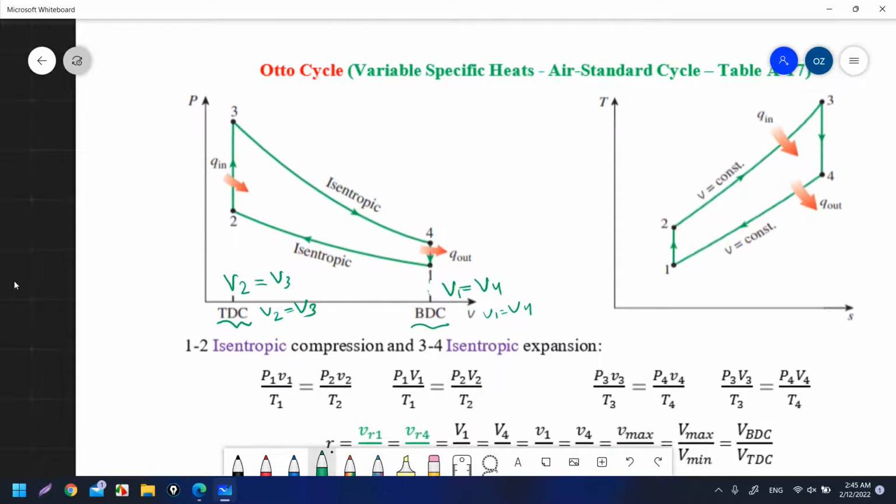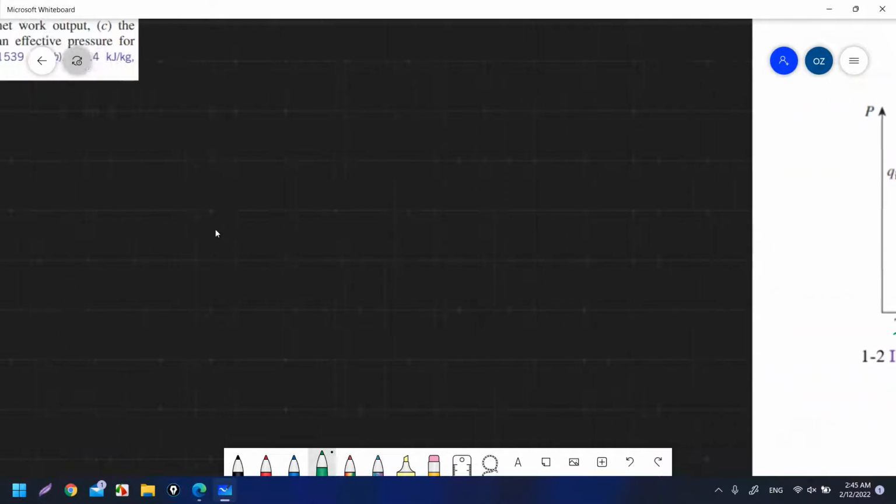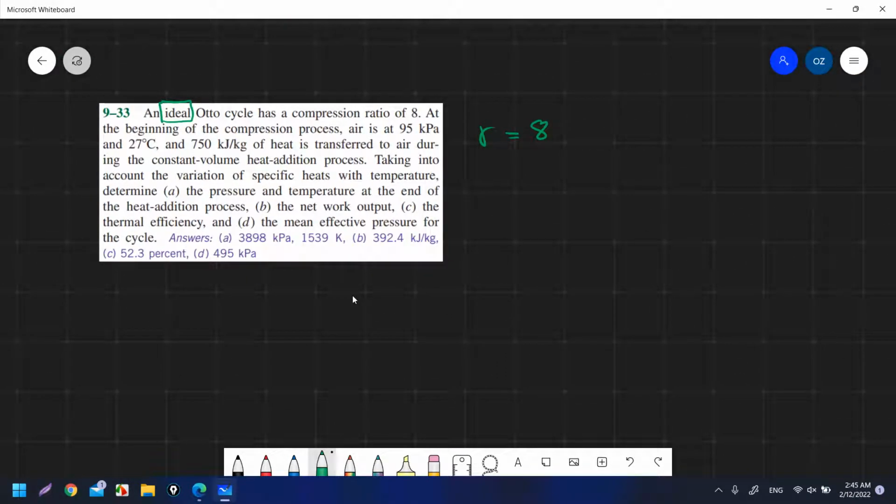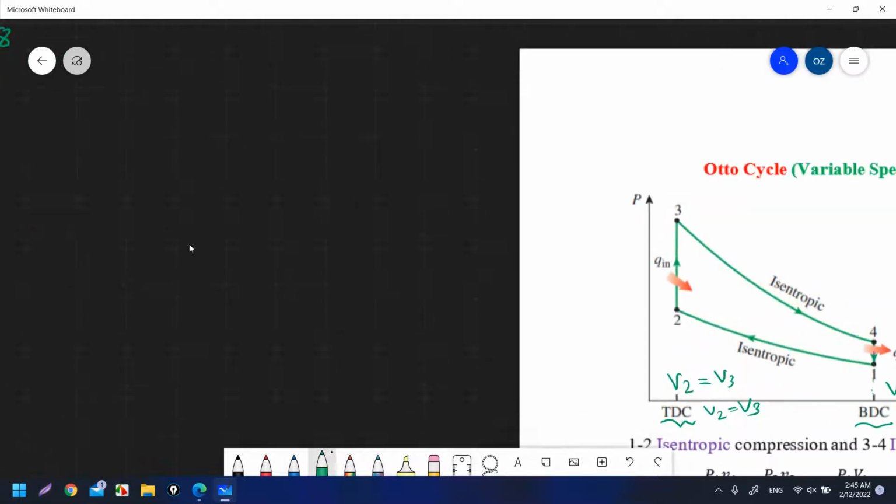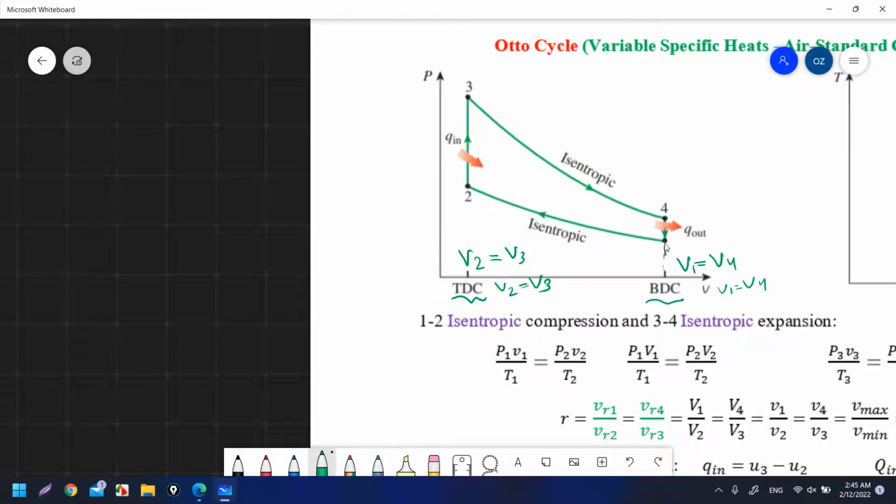Here in the T-s diagram, s1 equals s2. That's the process of compression, from 1 to 2. So at the beginning of this process is state 1.